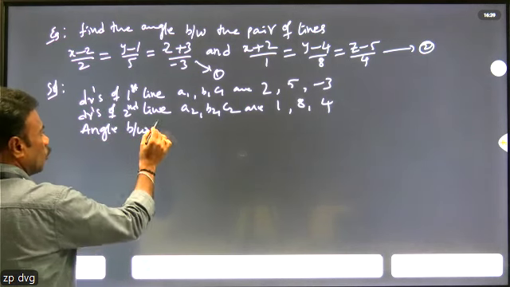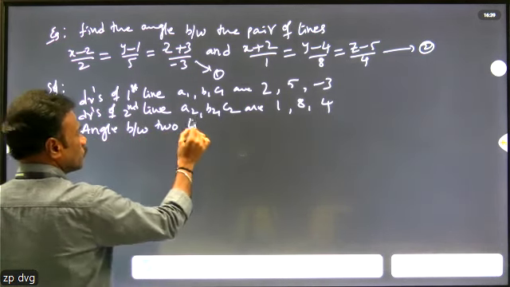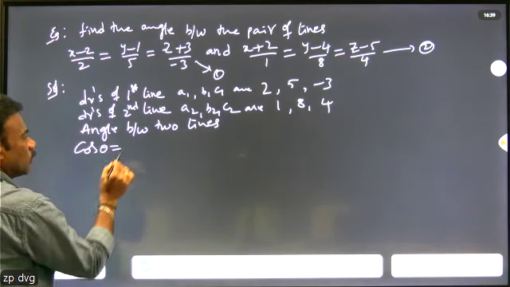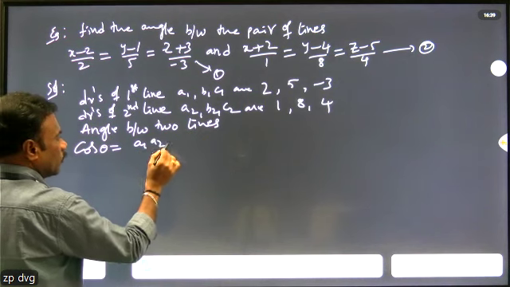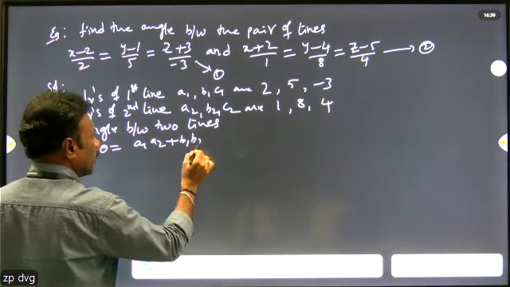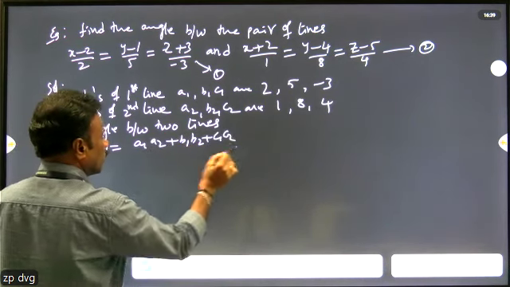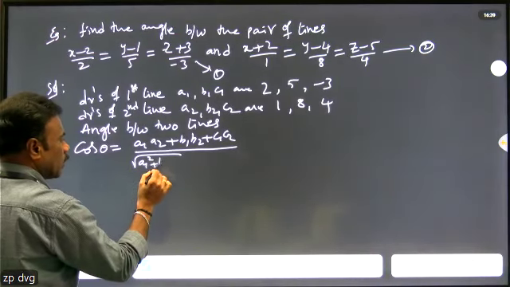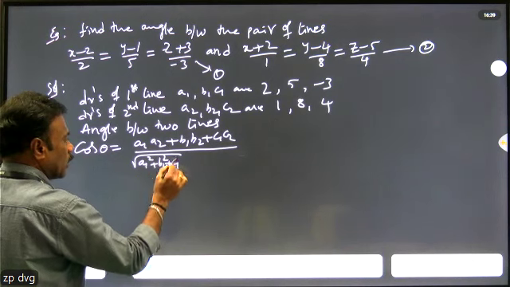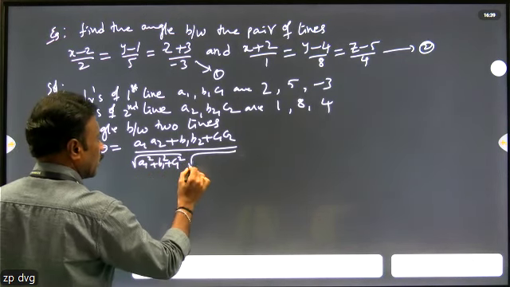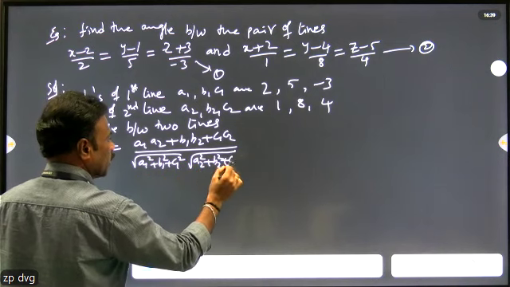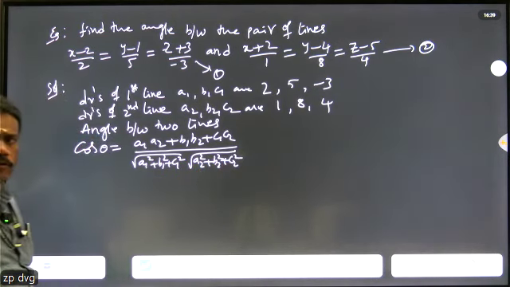cos theta is equal to A1 A2 plus B1 B2 plus C1 C2 by root over A1 square plus B1 square plus C1 square into root over A2 square plus B2 square plus C2 square.